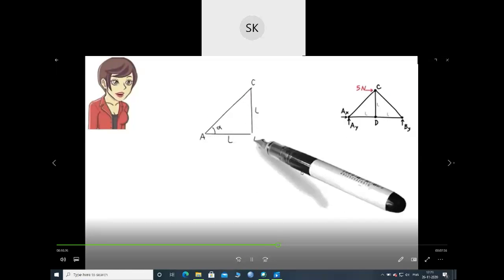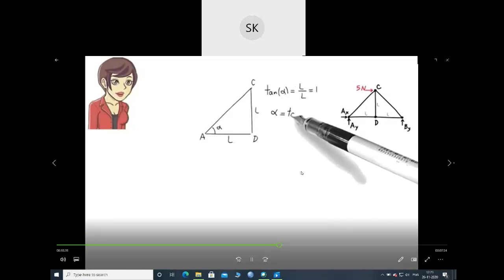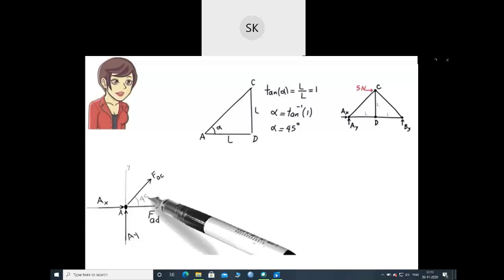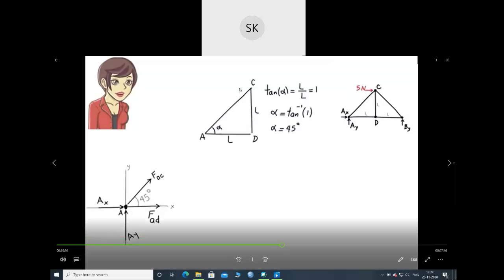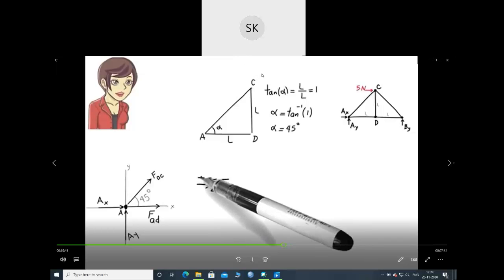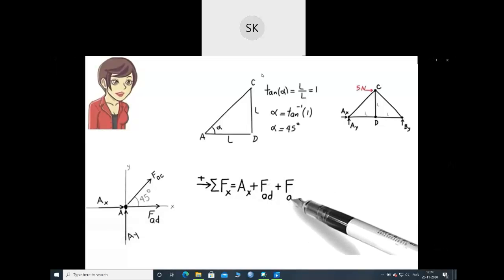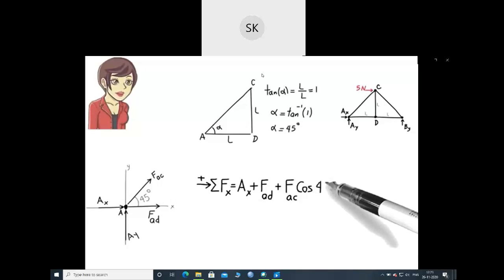Using the geometry of the truss, we can calculate angle alpha. It is 45 degrees. Then we can write the sum of the forces in the x direction equals AX plus FAD plus FAC cosine 45 equals 0.